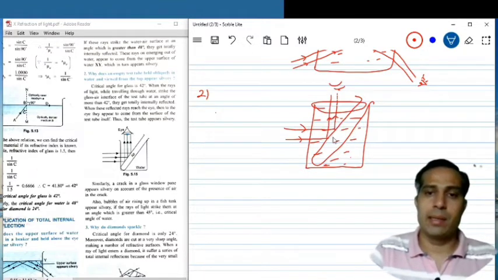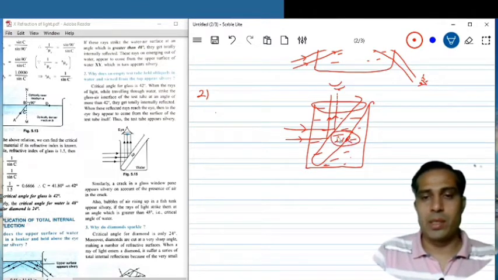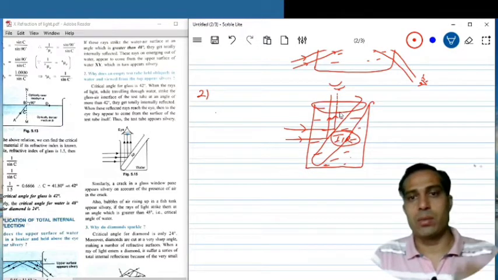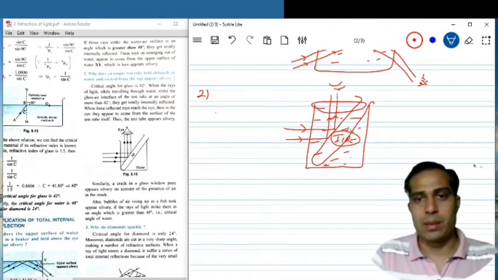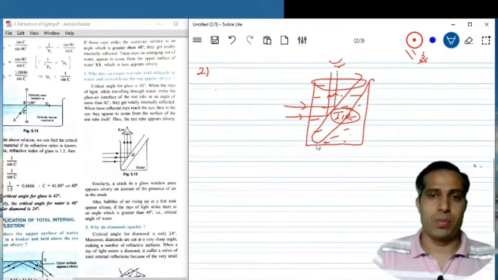So here at this surface again TIR takes place. Because of the TIR, that is total internal reflection, the whole rays are reflecting towards our eyes. So at this surface it seems to be silvery. This is the reason for the silvering surface of this test tube.